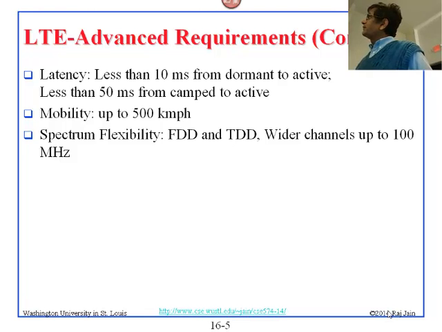Latency less than 10 milliseconds from dormant to active, and less than 50 milliseconds from camped to active. So basically it should be totally invisible. Mobility up to 500 kilometers per hour. Spectral flexibility, etc. is as before. And somehow be able to use 100 megahertz channels. So this is the latest.